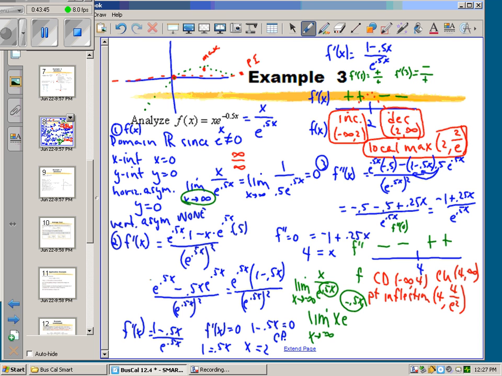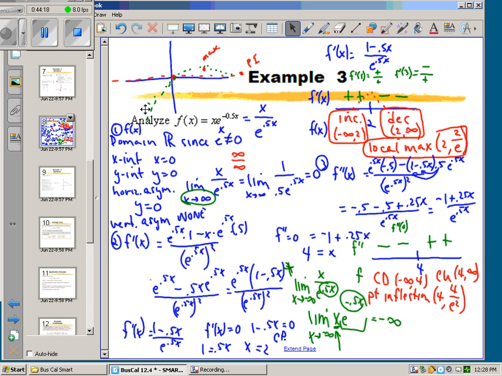So as x goes toward -infinity, this is going to be a negative number, and this is going to be e to a big positive number, which is going toward infinity. So we've got an infinity times an infinity. It's actually going to be a negative, though, because this first term here would be negative. So the function doesn't have a horizontal asymptote on the left side, only on the right. And so this graph does fit with what this limit is telling us for the asymptote on the left side.